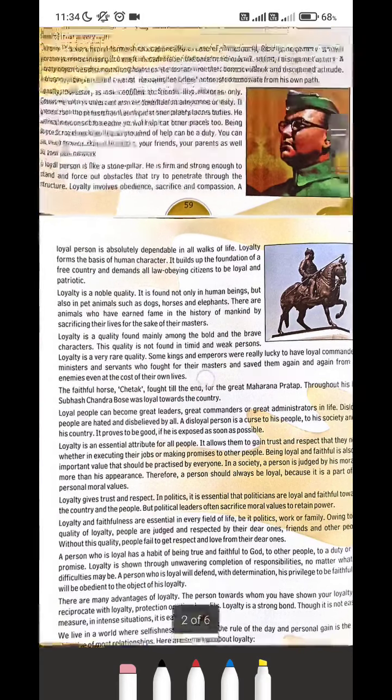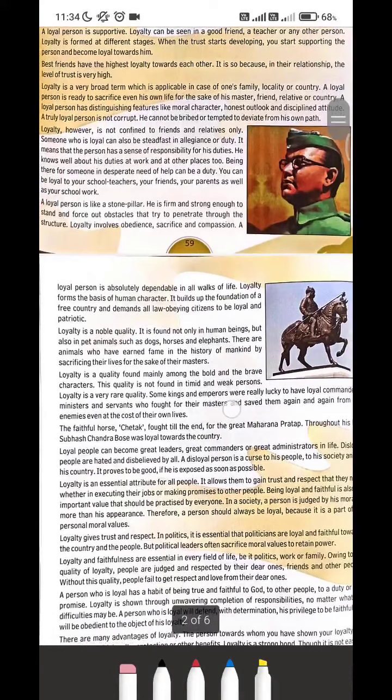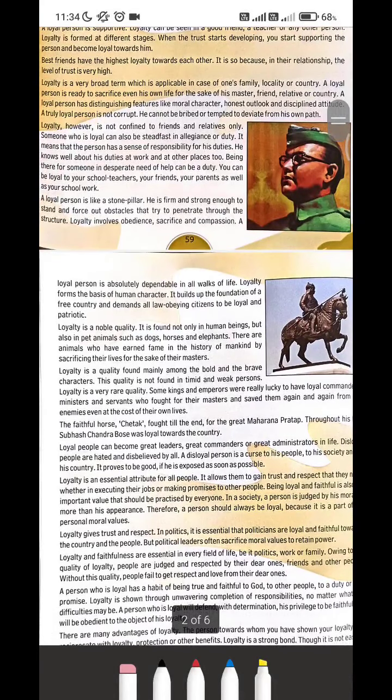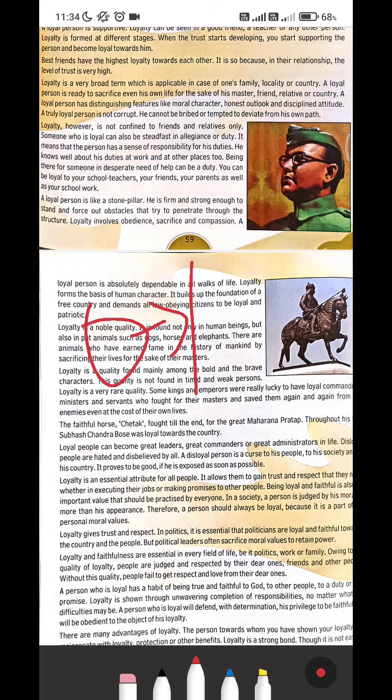This means, students, that a loyal person is always faithful towards his duties and the person cannot be bribed. Take the example of a person who is working in a particular office, and the person, first of all, is very much attached to his or her own country. In such a situation, the officer cannot be bribed to do anything against his country because that particular officer is completely loyal towards his country.